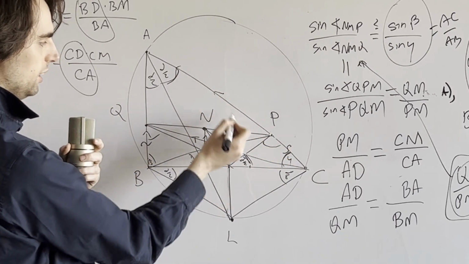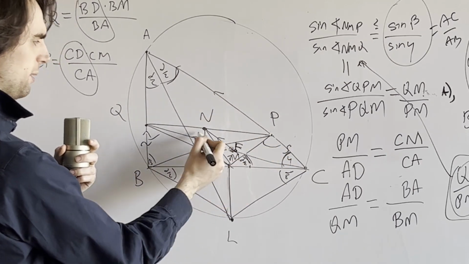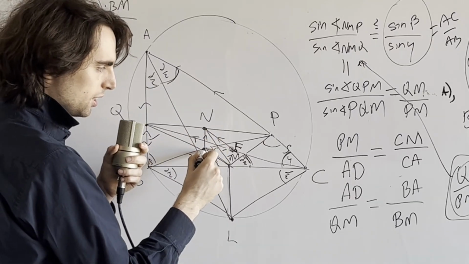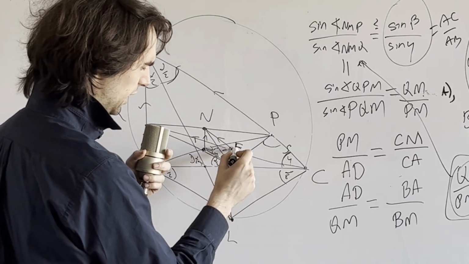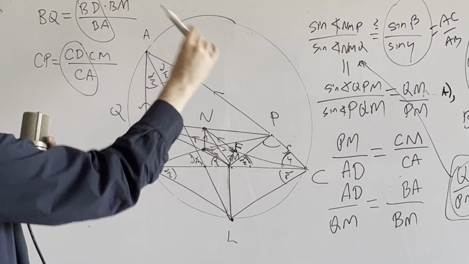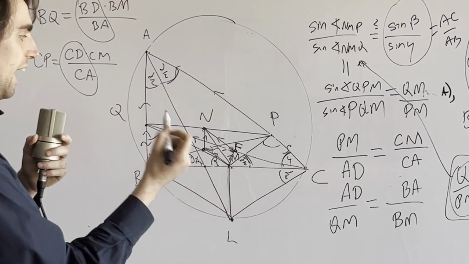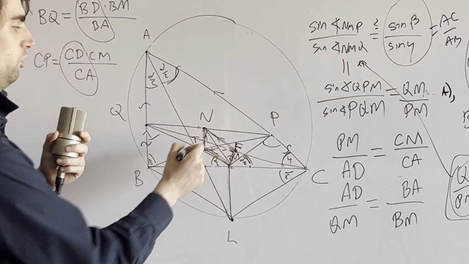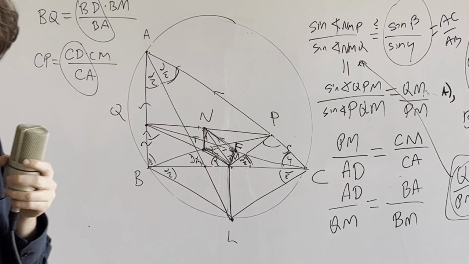So this is parallel to this, which is parallel to this. This is parallel also to this. So I have NT parallel to FM, TM parallel to NF, parallel to AC, and now all of these are not only parallel to each other, but all of these sides are equal to each other. So I have a what?